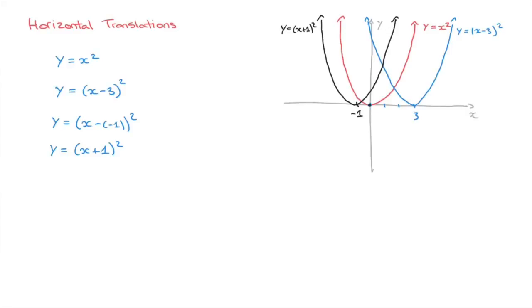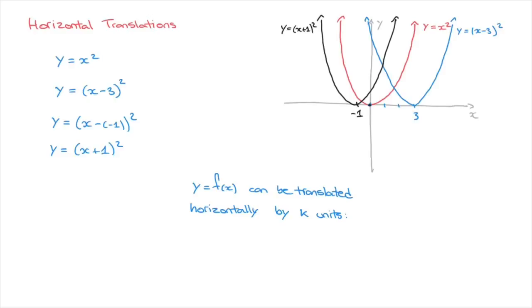Now, luckily for us, what we've just seen for the y equals x squared function works for any function. And in fact, we can go ahead and write a set of rules. The curve y equals f of x, that's any function f of x, can be translated horizontally by k units, where k is some number.